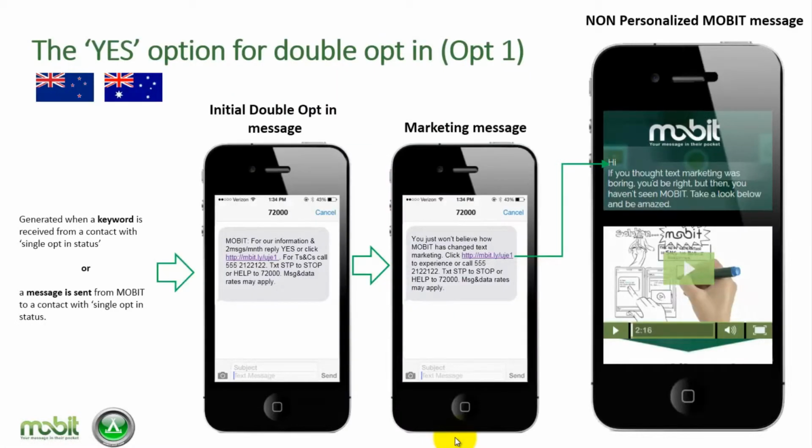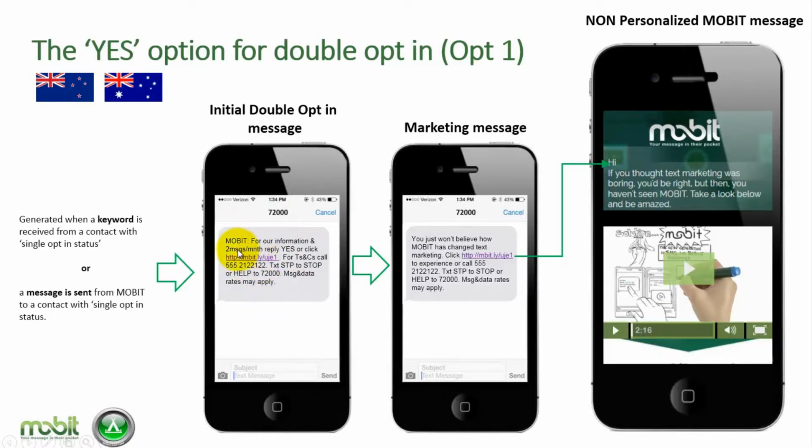Again, there are two options. The yes option, standard, uses a fairly similar process to what we just outlined for the US clients. When a keyword is sent in or a contact is single opt-in, the initial double opt-in message will be sent. This information in here, however, for New Zealand and Australia can be completely customized.